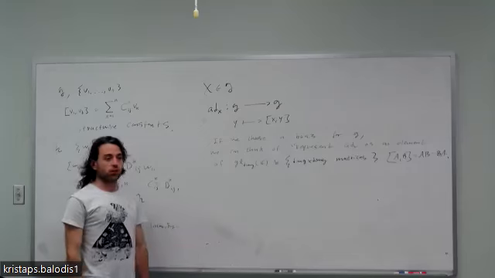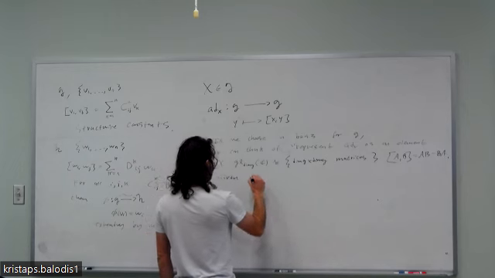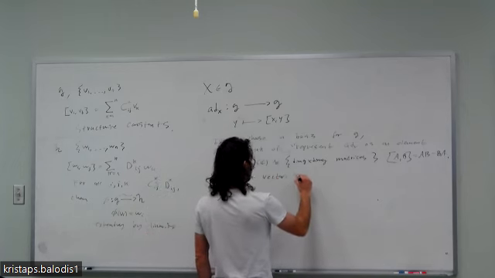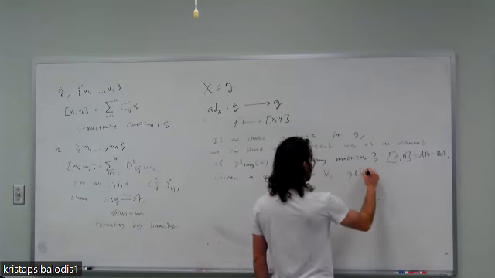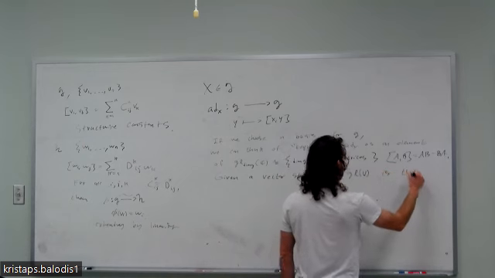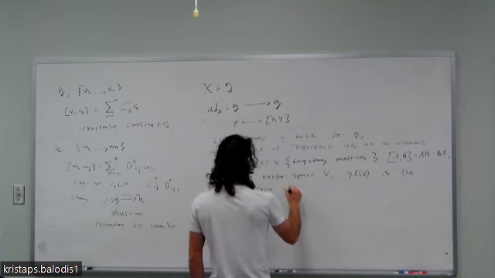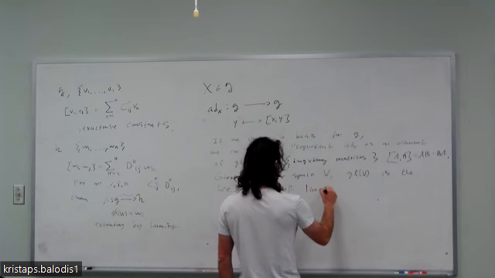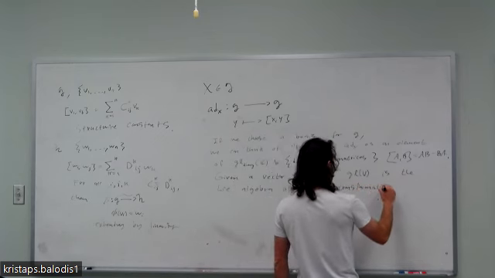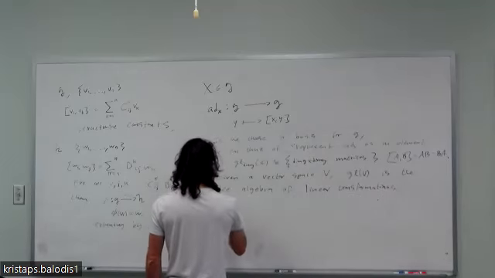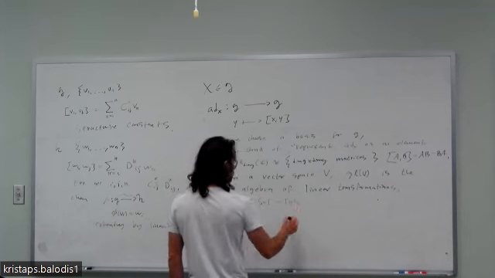So this actually suggests a little bit more of a general definition. Given a vector space V, GL(V) is the Lie algebra of linear transformations, where the Lie bracket is just given by the difference of compositions, right?